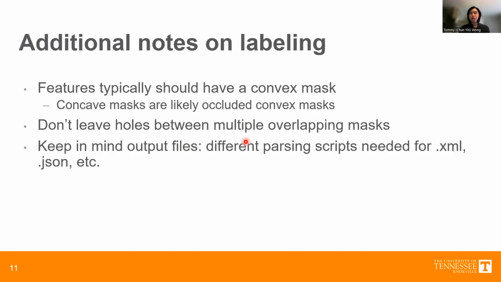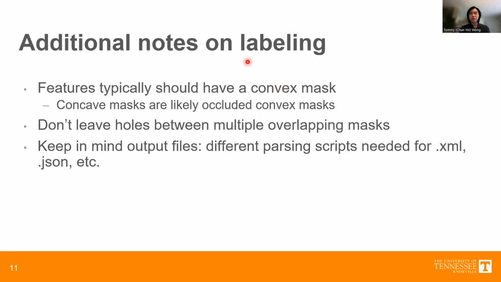And it just works better when it comes to performing segmentation. So if you identify a concave mask, so for example, if an edge is sloping inwards, you might want to reconsider it and see if it's an occluded mask.